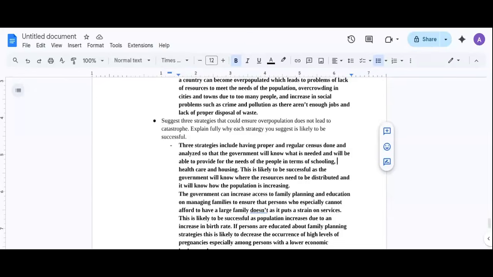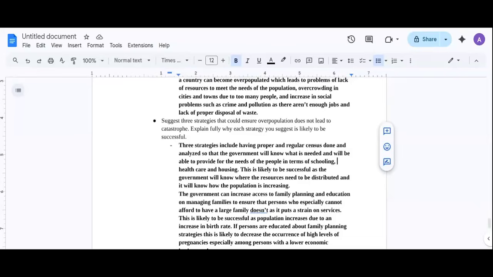This is how you can ensure that it doesn't, because a place can be quote unquote overpopulated, but it can be managed if the government knows what is happening. The government can increase access to family planning and education on managing families to ensure that persons who especially cannot afford to have a large family doesn't, as it puts a strain on services.